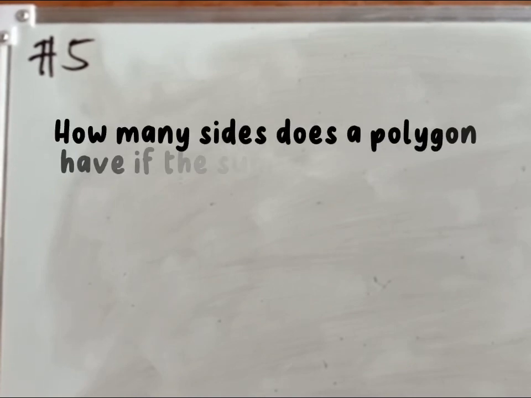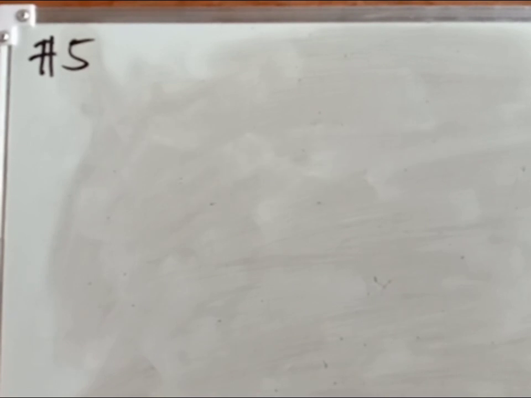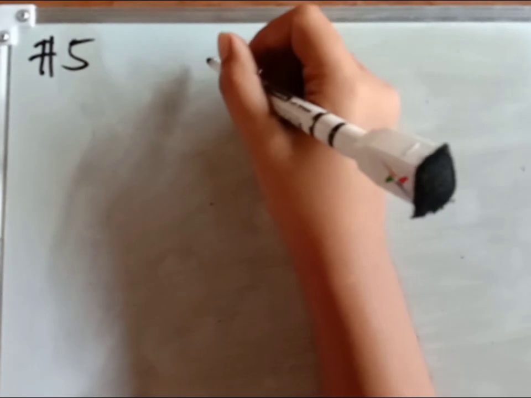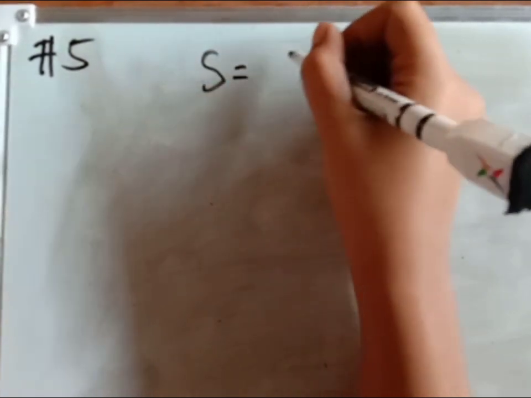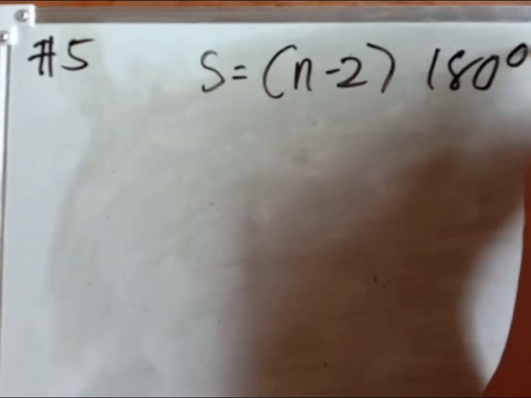Let's now proceed to our problem number 5. Our problem number 5 is, how many sides does a polygon have if the sum of its interior angles is 180 degrees? So, to solve this problem, the same with problem number 2, we will be using the formula S is equal to quantity of n minus 2 multiplied by 180 degrees.